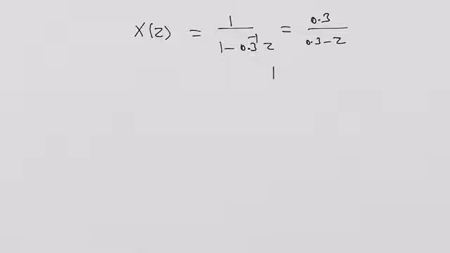How should you recall? Whenever you come across X of z which is equal to, say for example, 1 divided by 1 minus 0.3 z power minus 1, or 0.3 divided by 0.3 minus z, where ROC is modulus of z is less than modulus of 0.3, or modulus of z is less than 0.3. Okay.